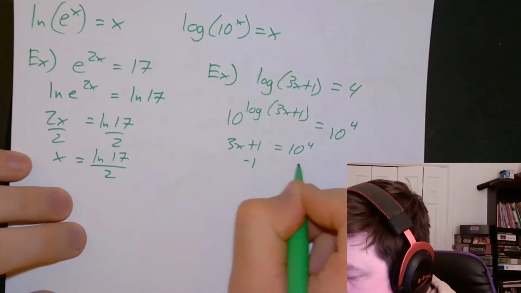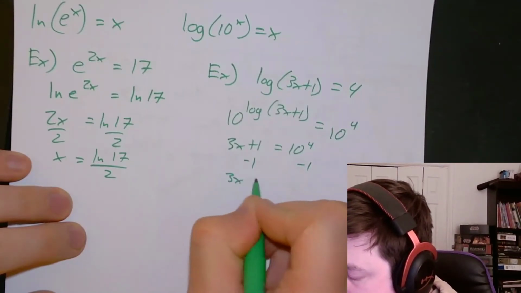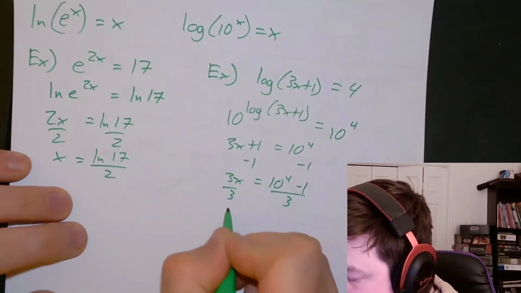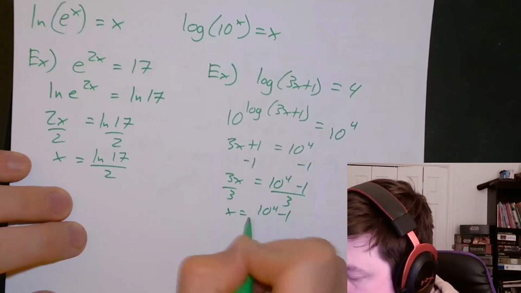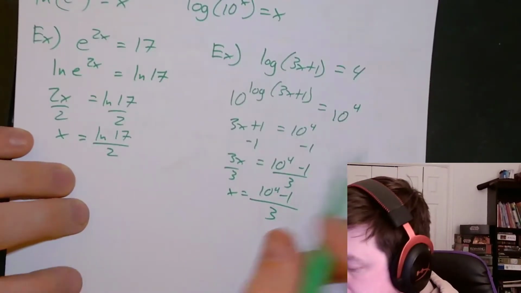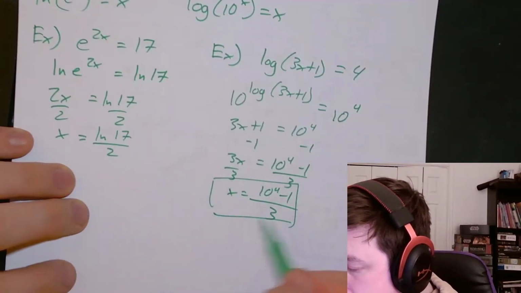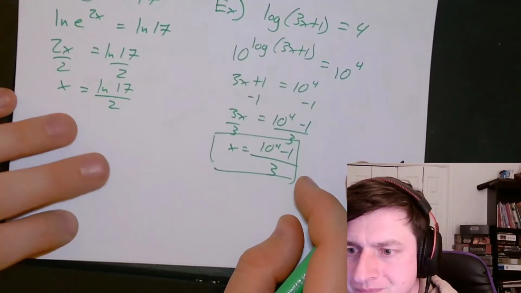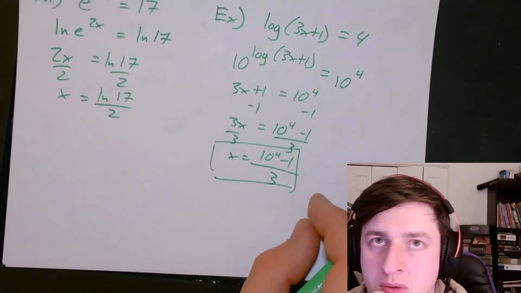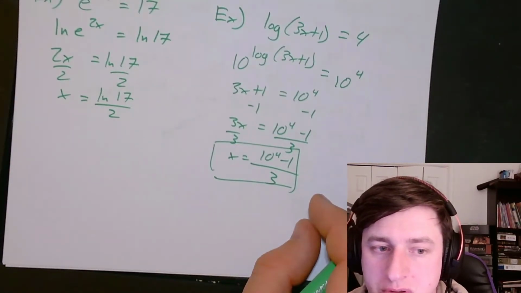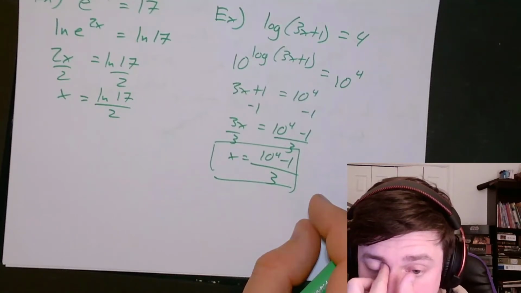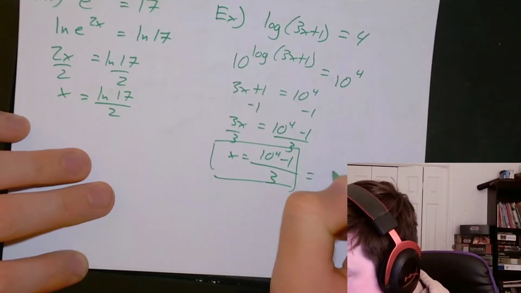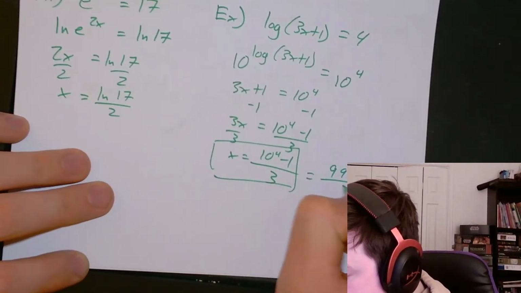So then I just subtract 1 from both sides. 3x equals 10 to the 4th minus 1. Divide by 3. X equals 10 to the 4th minus 1 over 3. And then your calculator will simplify that, right? This is going to be, oh, actually like an even number, I think. 10 to the 4th is 10 times 10 is 100, 100 times 100, 100 times 10 is 1,000, 10,000 minus 1, 9,999 over 3, I think.